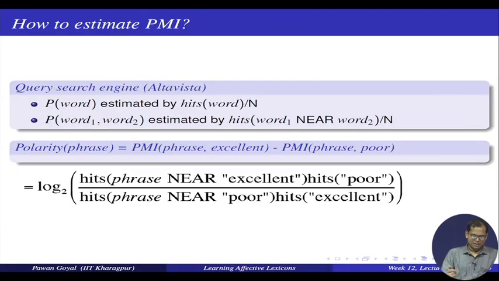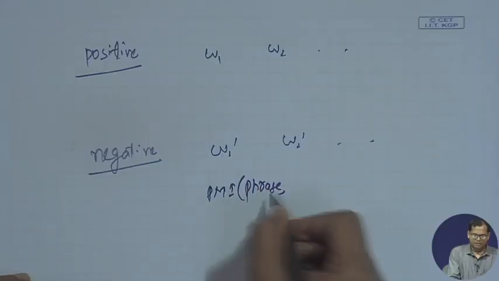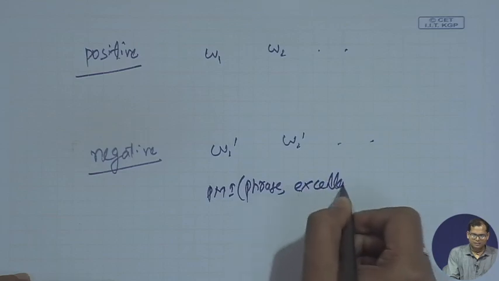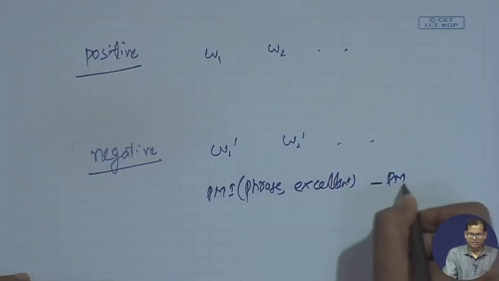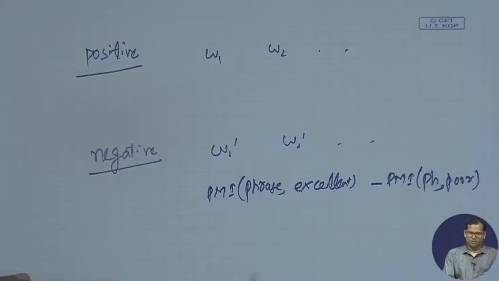If you want, we can quickly do that on paper. So we have to get PMI(phrase, excellent) minus PMI(phrase, poor). How do I get that?